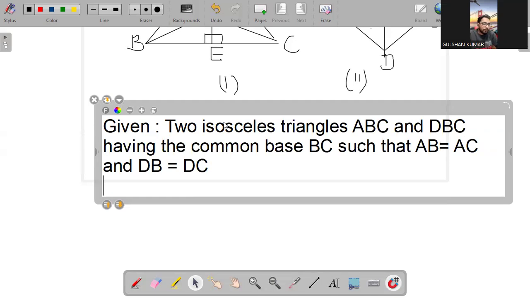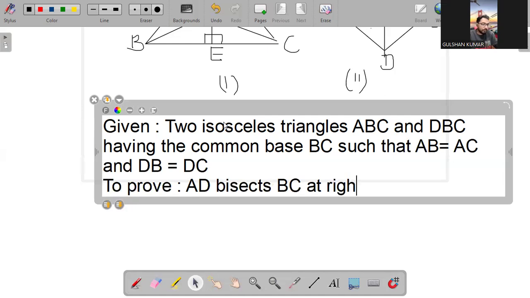Then what we have to prove: that AD bisects BC at right angle.